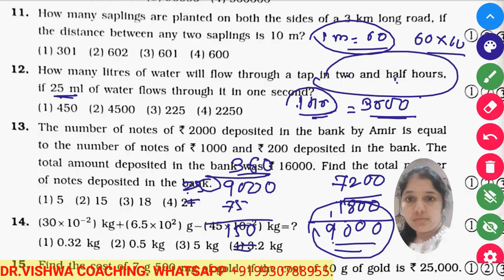That is 9000 seconds. 25 ml water flows through it in 1 second. So in 9,000 seconds, 360 liters of water flows.